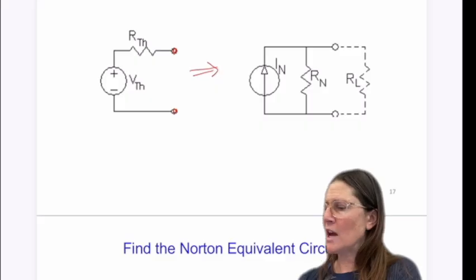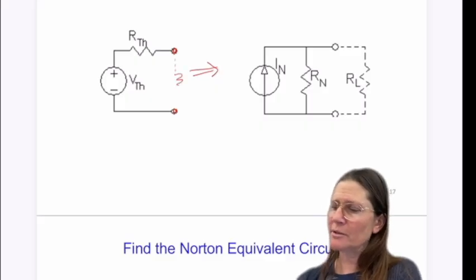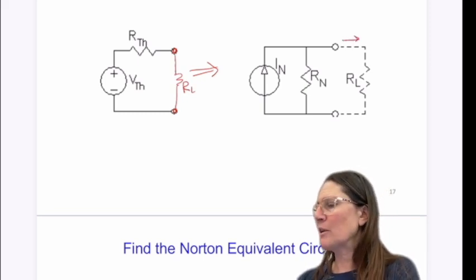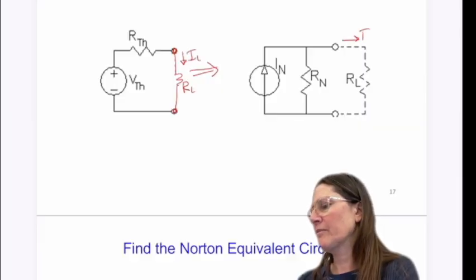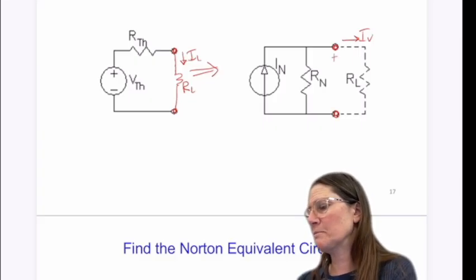that if we put an RL here, we want the same currents going through each of these, and we want to measure between here and here the same voltage.